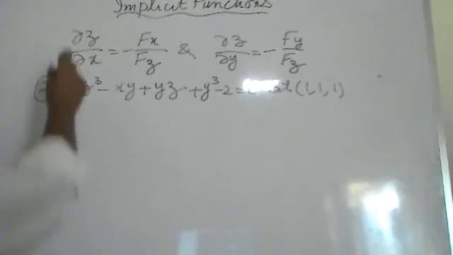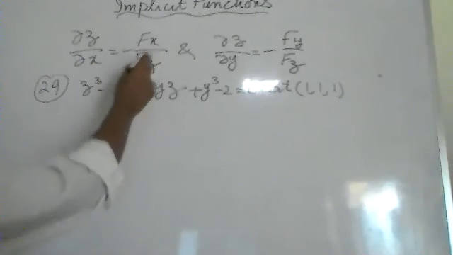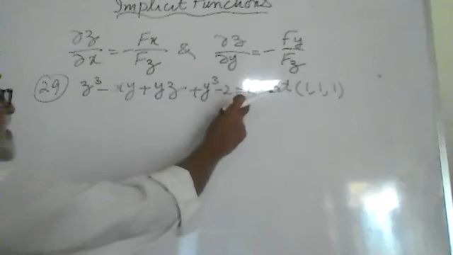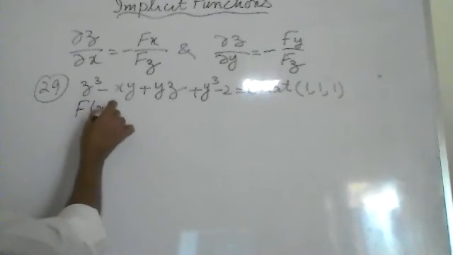So first of all, we'll find partial z upon partial x, that is equal to minus f of x. It is equal to 0, so it will be considered as a function of x, y and z.